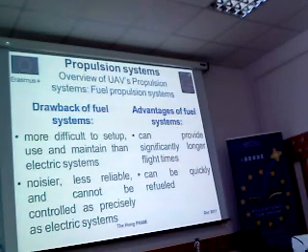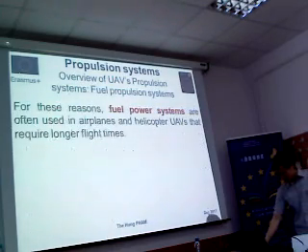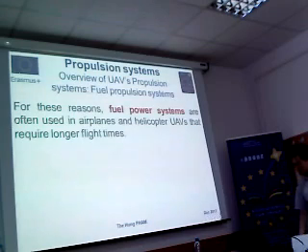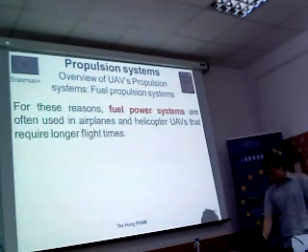That's finished. For a battery, maybe it will take half an hour or an hour to recharge. So for these reasons, fuel power systems are often used in airplanes, helicopters, and UAVs that require long flight times. So just for long flight time UAVs.